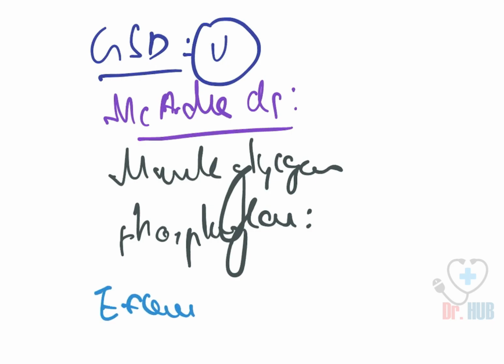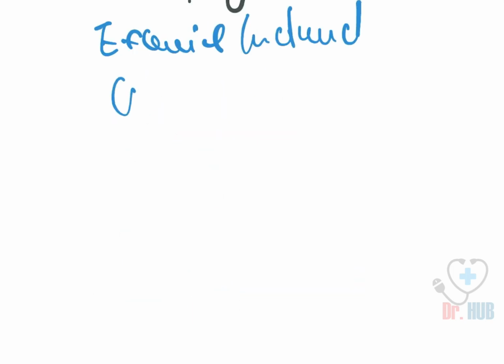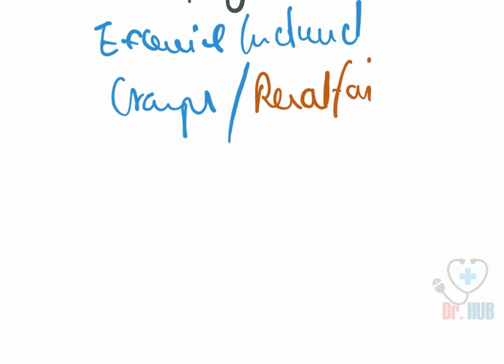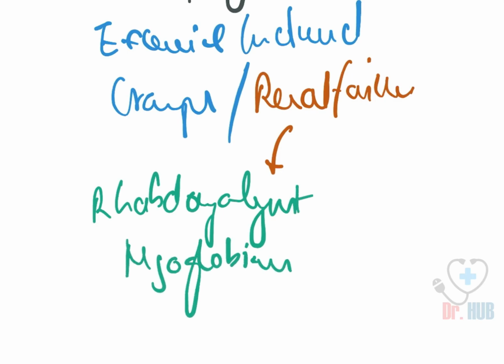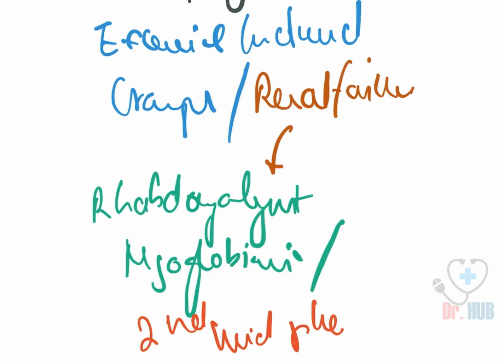There is exercise induced cramps. Then there is also renal failure. So why is the renal failure occurring? Renal failure can occur due to the rhabdomyolysis and the myoglobinuria, as well as there is the second wind phenomenon.